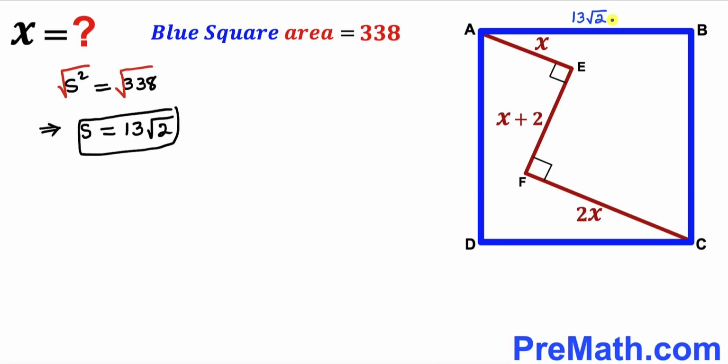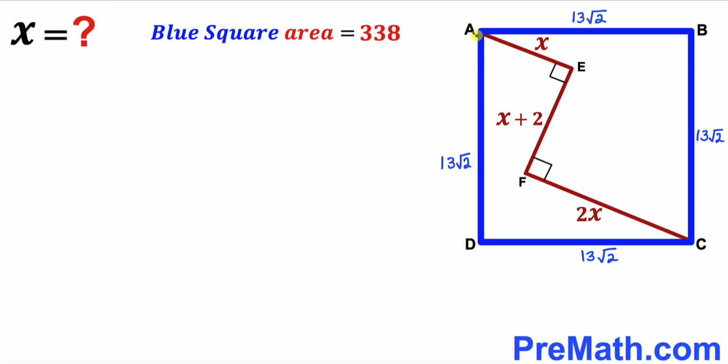And since all these side lengths are equal, so therefore this side is 13 times square root of 2, 13 times square root of 2, and finally 13 times the square root of 2 as well. And in this next step, I am going to connect this point A and C, as you can see in this next step.